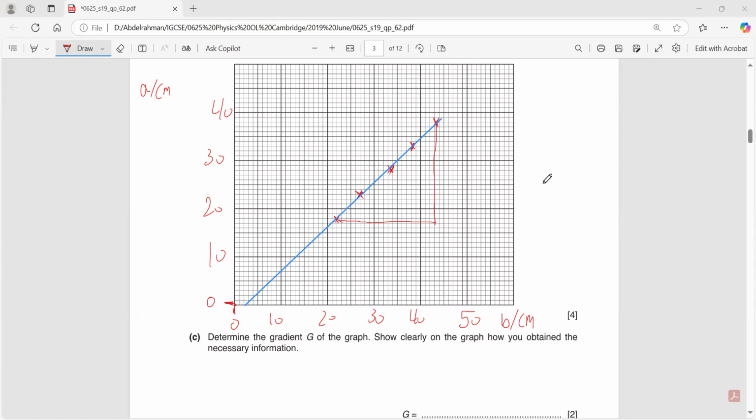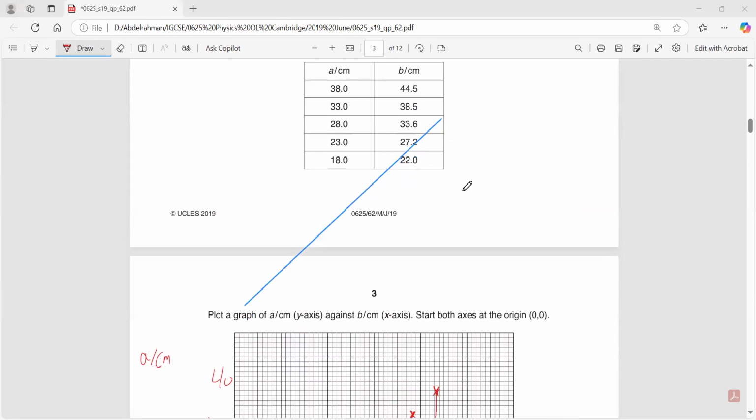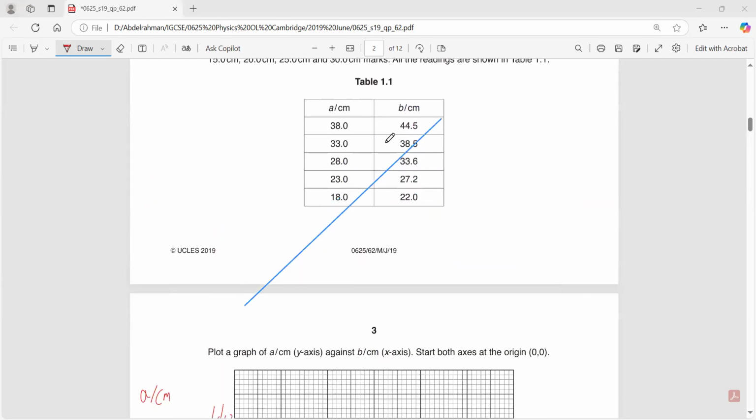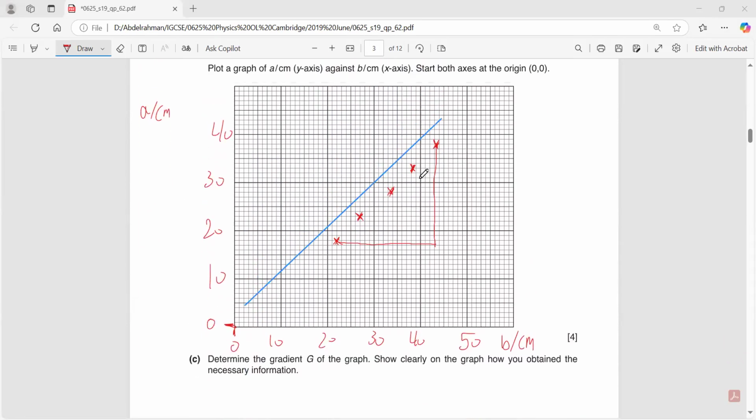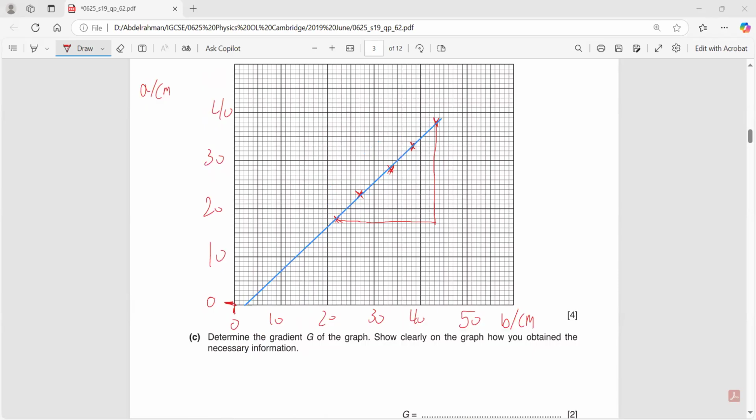Then y2 would be 38 minus 18, and you can take the numbers from the table if you want to. So 38 minus 18 over 44.5 minus 22. This would give you a final answer of around 0.91.